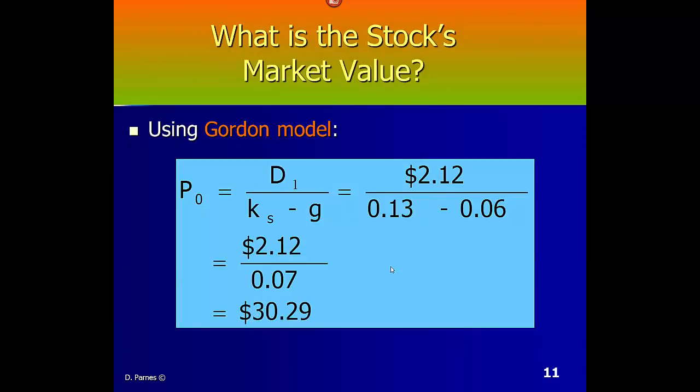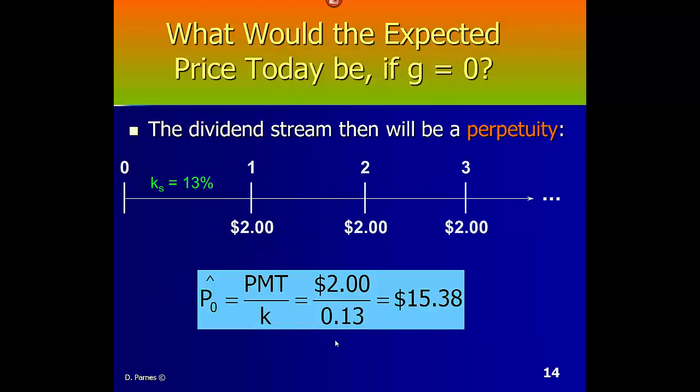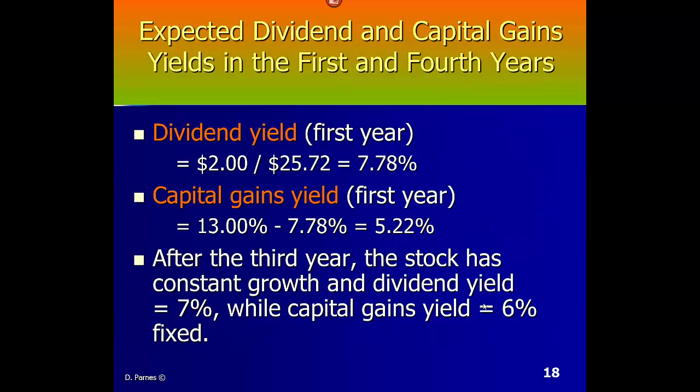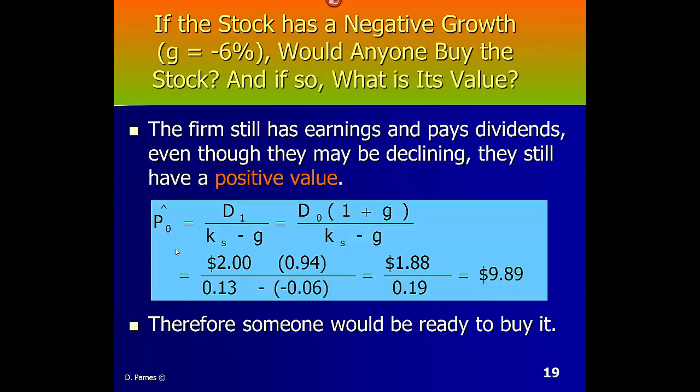Perfectly makes sense. Let's see what we had so far. With a growth rate of positive 6%, the stock price was $30.29. With a zero growth rate, the stock price is cut and became $15.38. With a negative growth rate, the stock price is cut even further and became $9.89.